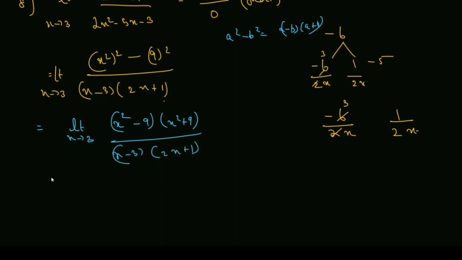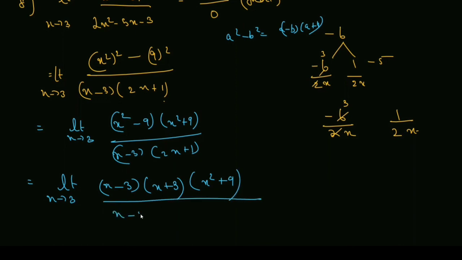Again factorize this. This is limit x tends to 3. This x square minus 3 square, you can write it as x minus 3 into x plus 3 into x square plus 9, this cannot be factorized, divided by x minus 3 into 2x plus 1.